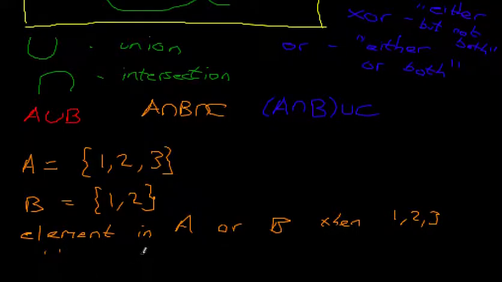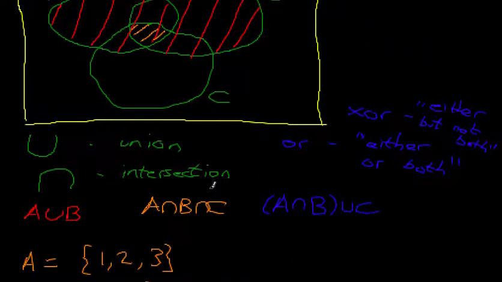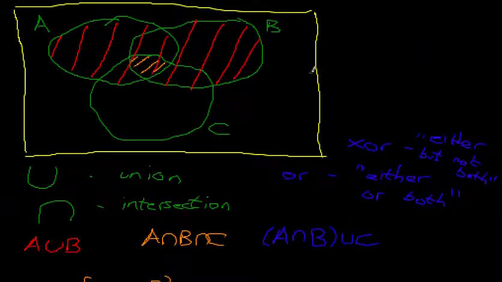But if someone asks for an element in A XOR B, then only 3 is okay because 1 and 2 are in both, and we exclude that. Okay, so that's a little bit of an anecdote, but that's OR and XOR.